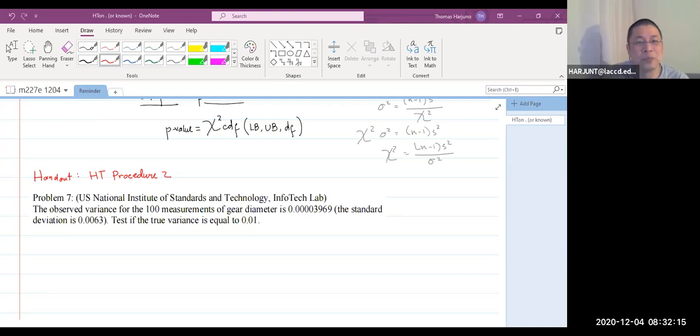Okay, let's start. What we have here is the observed variance for the 100 measurements of gear diameter. So what we know is that n is 100. There are 100 measurements, and the sample variance, the observed variance of these 100 measurements, is 0.00003969.